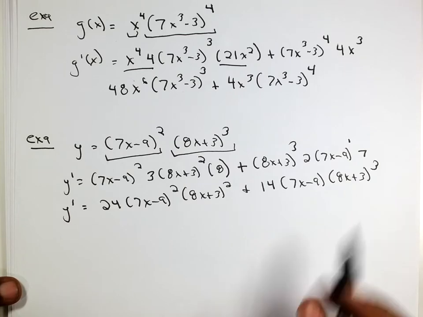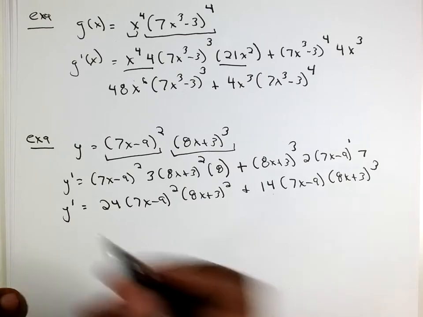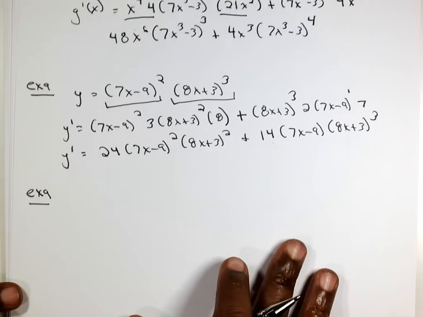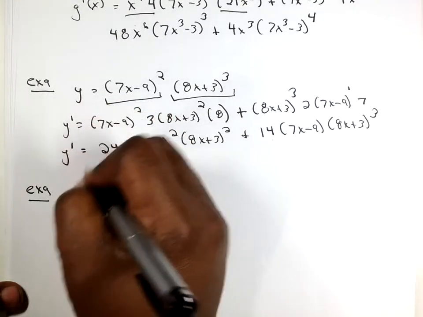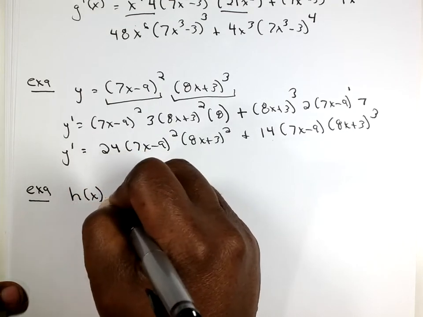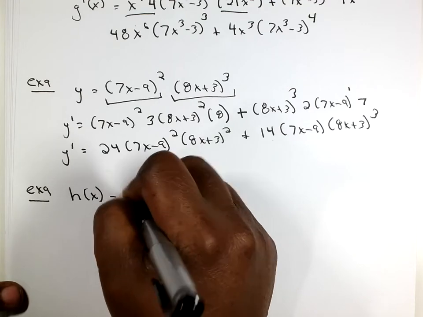And again, if you'd like to, you could distribute that as well. Of course, I don't have a calculator, so I'm not going to do it. And then one more. You'll see on the notes that I typed up for you, I have a couple of try it exercises.